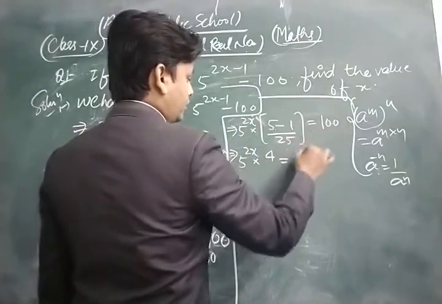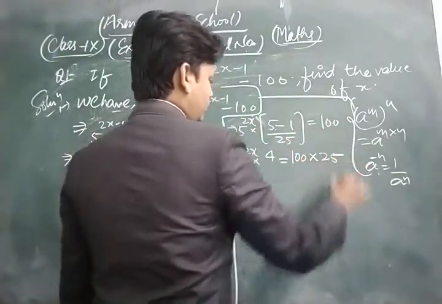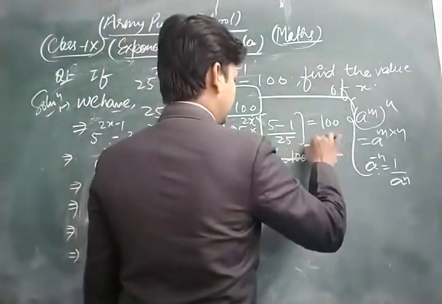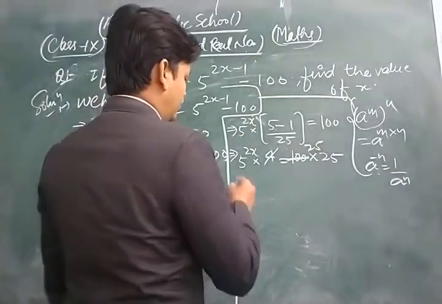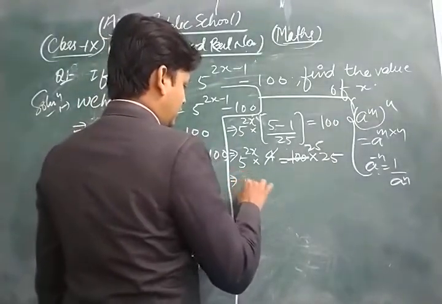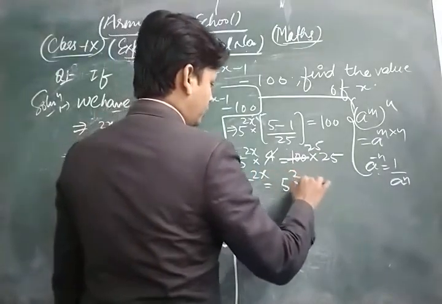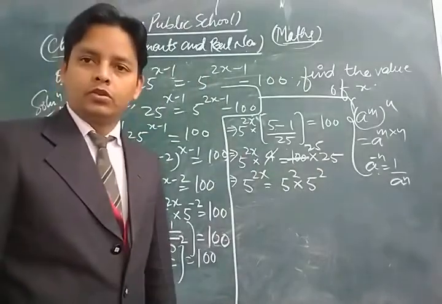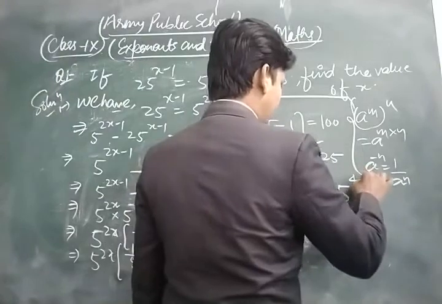is equal to, we do the cross multiplication, 100 into 25. Now this is 25. So look, 5 to the power 2x is equal to 5 power 2 into 5 power 2, so we can write 5 power 2 plus 2, that is 4.